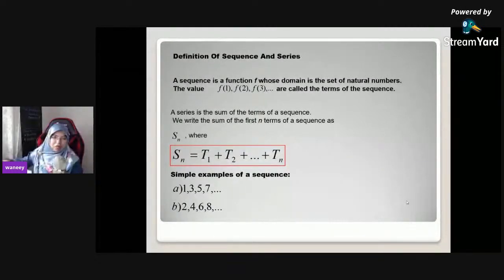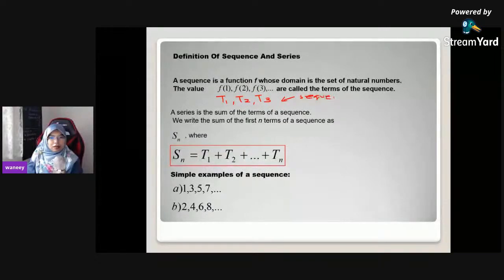Okay, so now sequence and term. So sequence, if you have T1, T2, T3, these are called a sequence. So what is series? Series is when you write them down as T1 plus T2 plus T3 plus T4 up until the end.